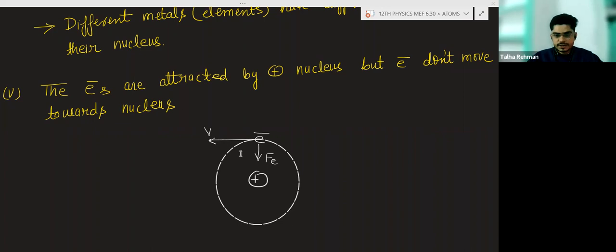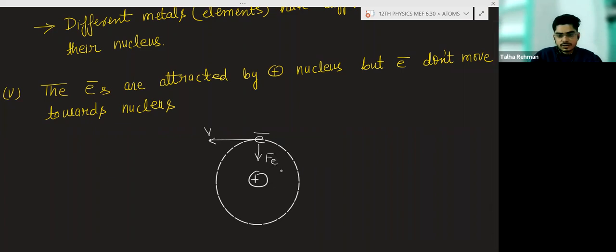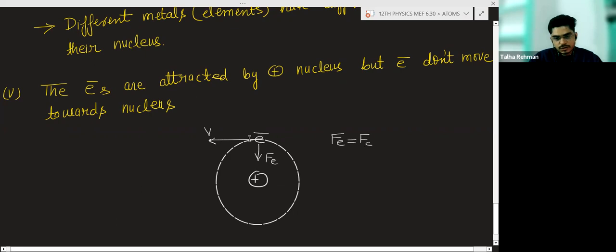So this is the electron, and on it acts the electrostatic force of attraction. Basically, this electrostatic force of attraction will be equal to the centripetal force required for the electron to move in a circular path.